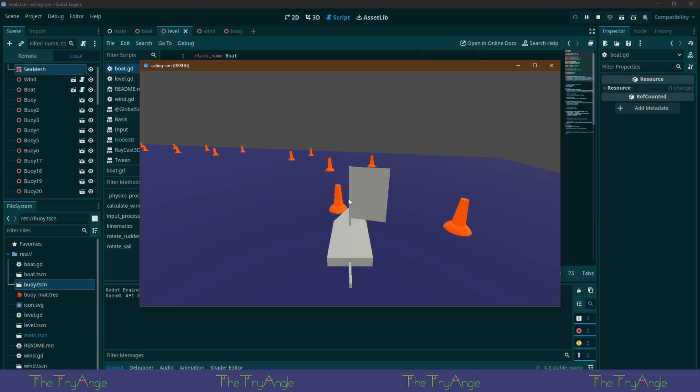That shouldn't work. Yeah, this isn't working either. It's slowly moving along.